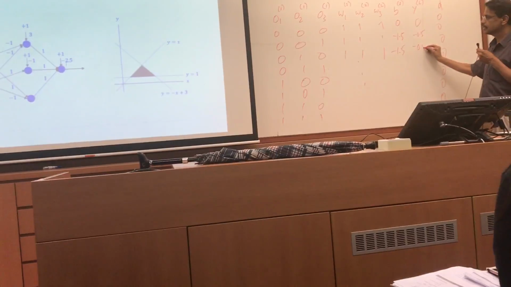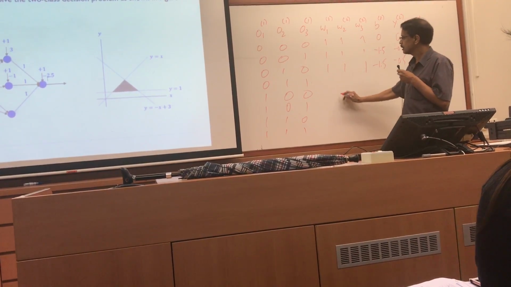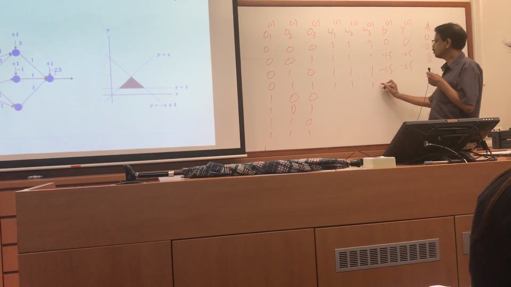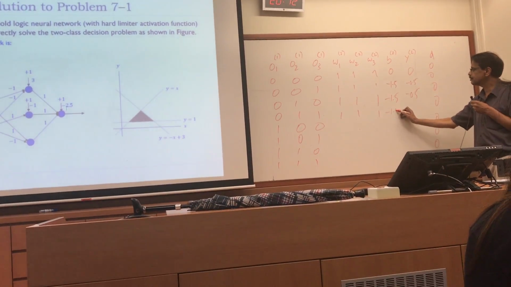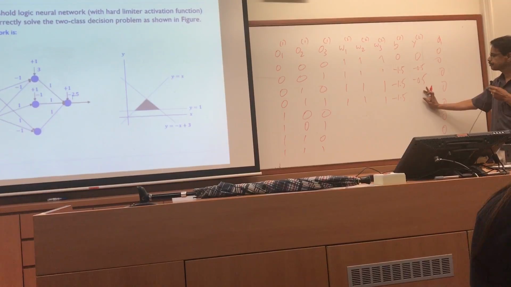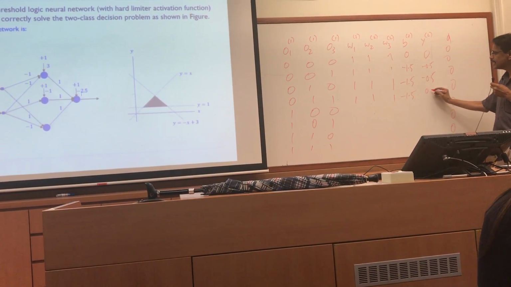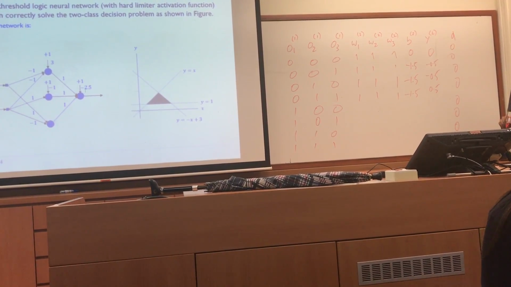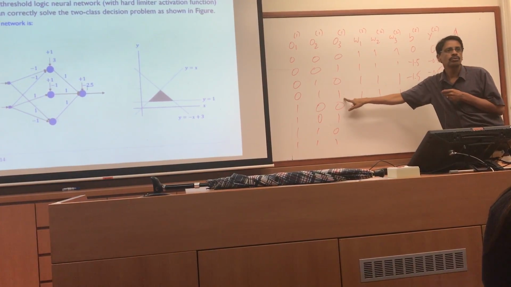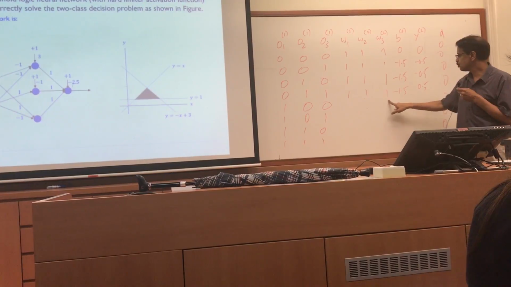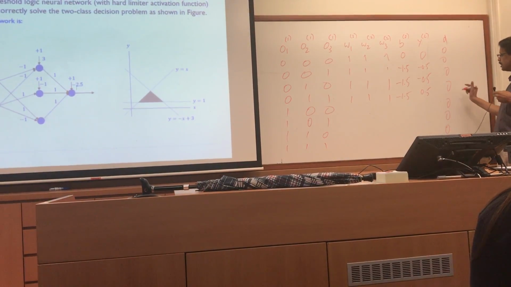Same, right? Now this case, what will be the output? B is minus 1.5, what is the output? It will be 0.5, right? Because 1 plus 1 minus 1.5 plus 0.5, the output will be 1.